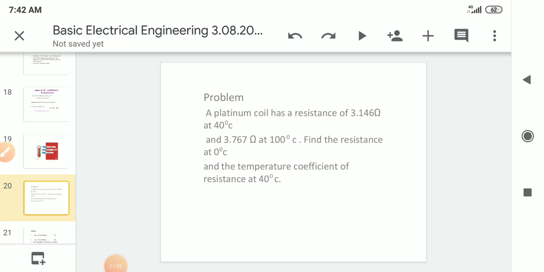Here in this problem they are giving R1 and R2 at T1 and T2. Find the resistance at 0 degree centigrade. This is the question. And they are giving the value of alpha also.